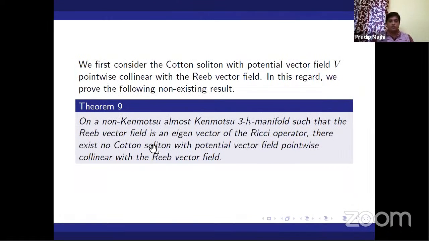Now we first study the Cotton soliton. In this case, we consider the potential vector field V to be pointwise collinear with the Reeb vector field. In this regard, we prove the following non-existence result. On a non-Kenmotsu almost Kenmotsu 3-manifold such that the Reeb vector field is an eigenvector of the Ricci operator, there exists no Cotton soliton with potential vector field pointwise collinear with the Reeb vector field.